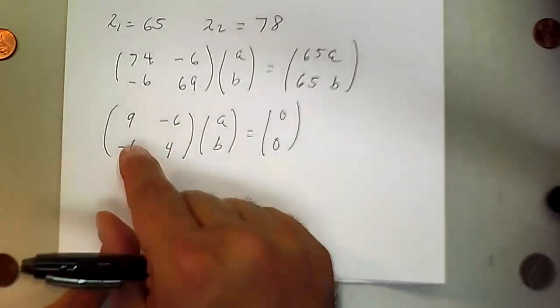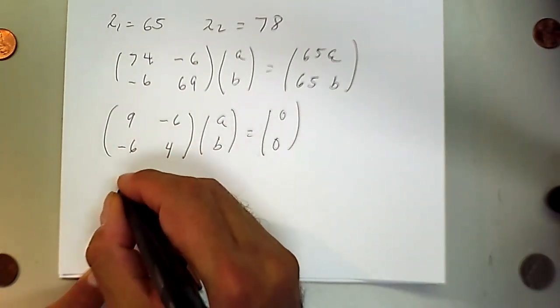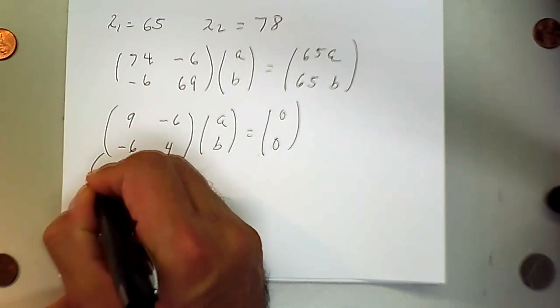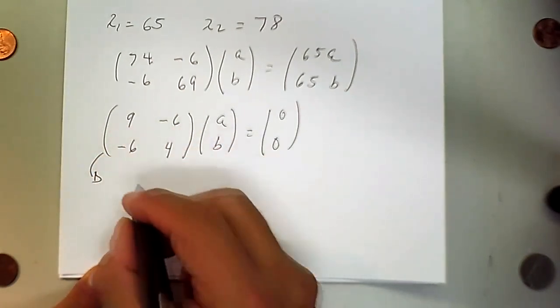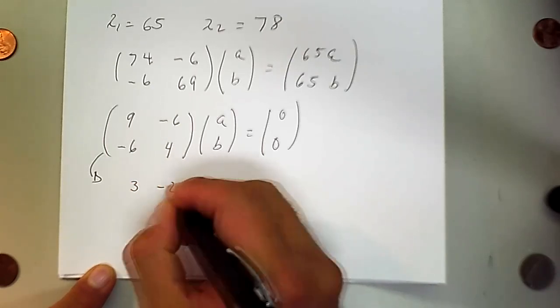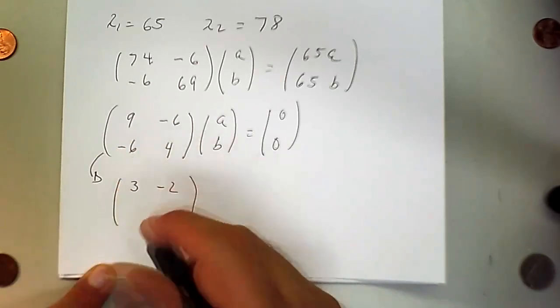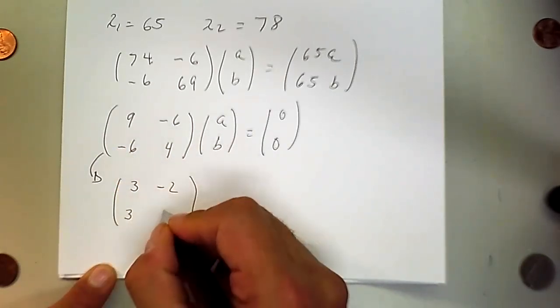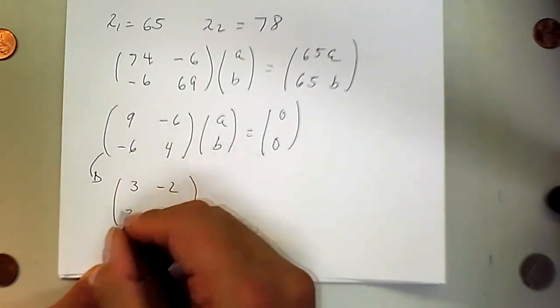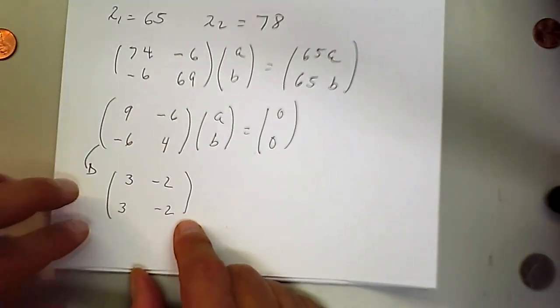Those two rows should be related. If we divide the top row by 3, we get 3, -2. If we divide this by -2, we get 3, -2. So that means they are basically the same row.